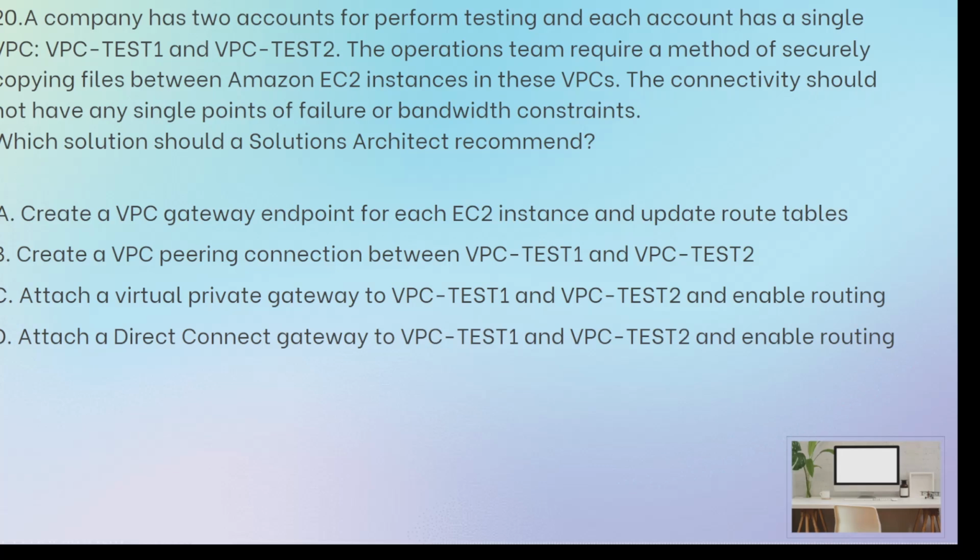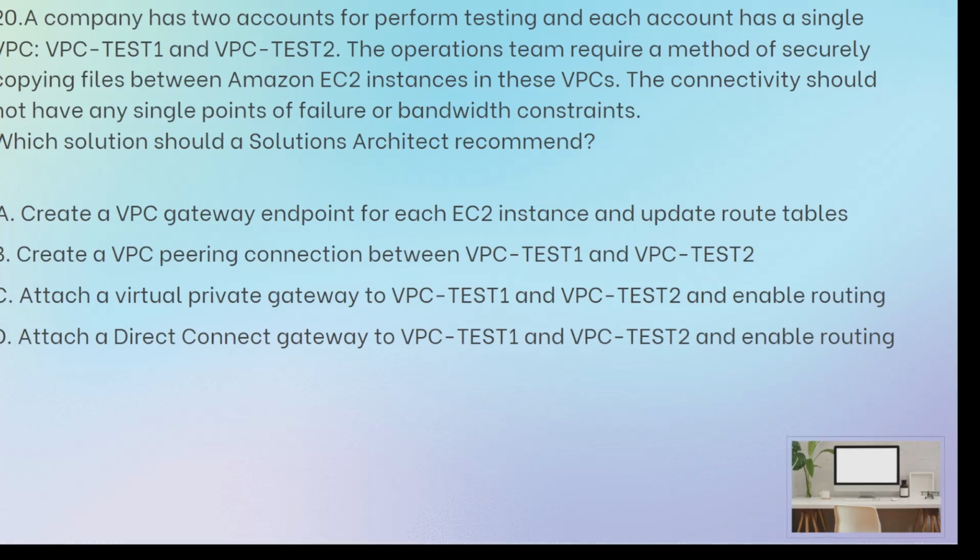They can communicate with each other as if they are within the same network. You can also create a VPC peering between your own VPCs or with a VPC in another AWS account, even in another AWS region. That is known as inter-region VPC peering. So the correct answer here is create a VPC peering connection between VPC test 1 and VPC test 2.